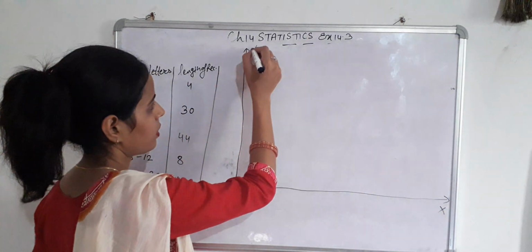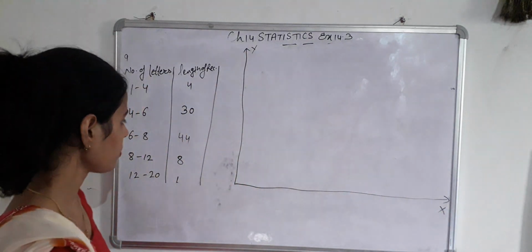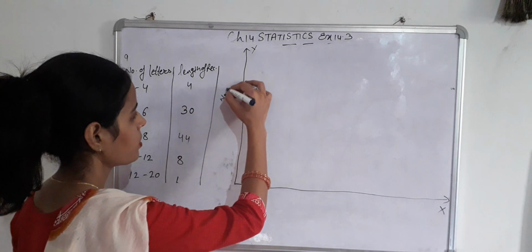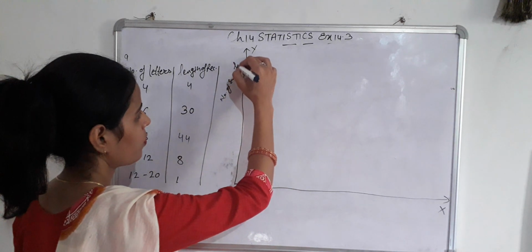X-axis and Y-axis. On the Y-axis, number of surnames or frequency.